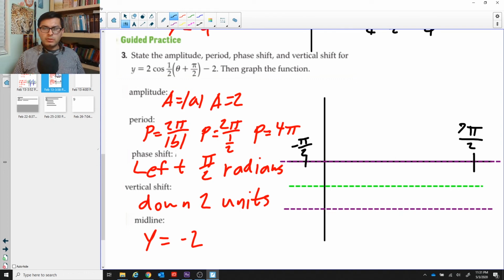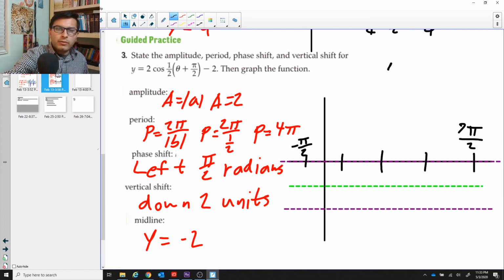Now we still need to divide this up into 4 equal parts, so let's do that. The easiest way to identify what each of these marks are is to take our full period, which is 4 pi, and divide that by 4, which I don't even have to do in Desmos, is just pi. We're going to add that to each of the marks, starting with our starting mark, and we'll get the next line over, next line over.